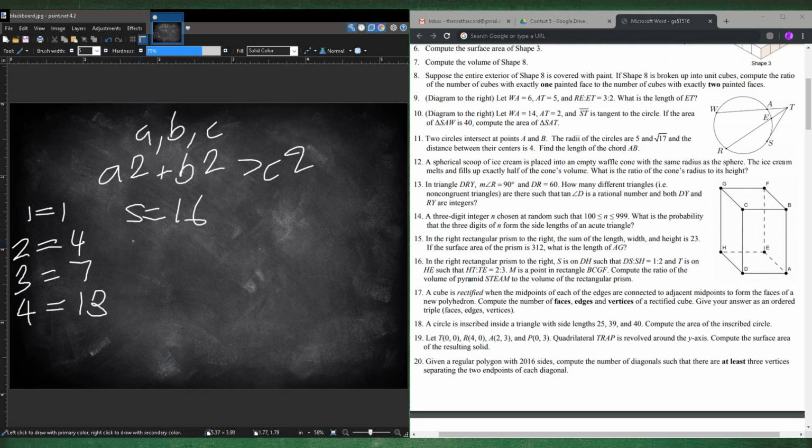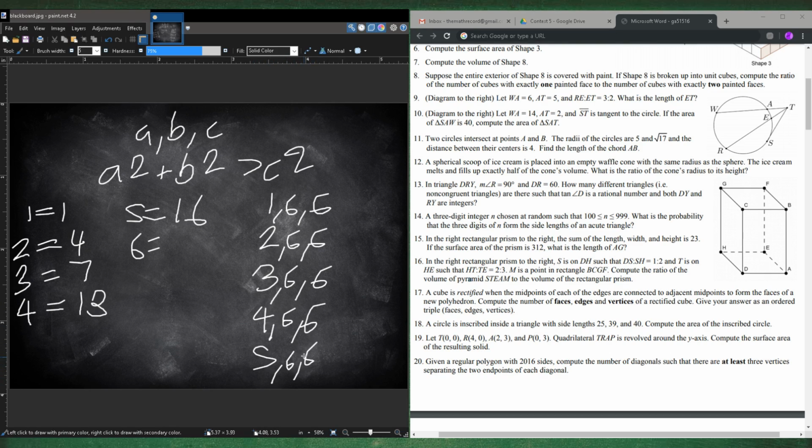And if c is 6, then we have 1, 6, 6, 2, 6, 6, 3, 6, 6, 4, 6, 6, 5, 6, 6, and 6, 6, 6. If you have a 5, 5 squared plus 5 squared is 50, which is greater than 36. Can it be 4?